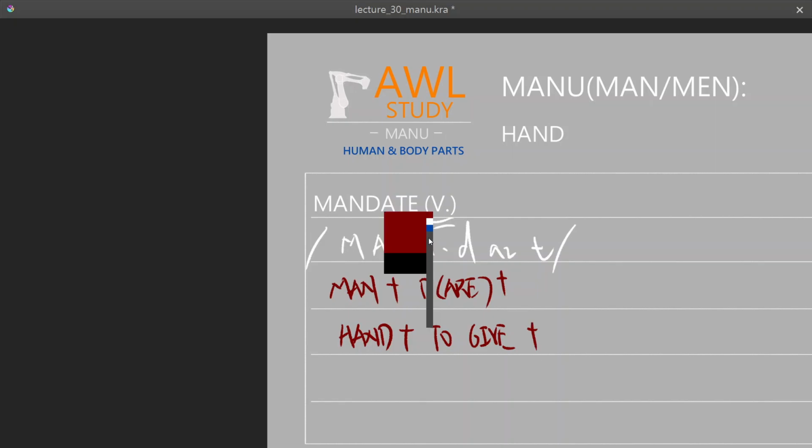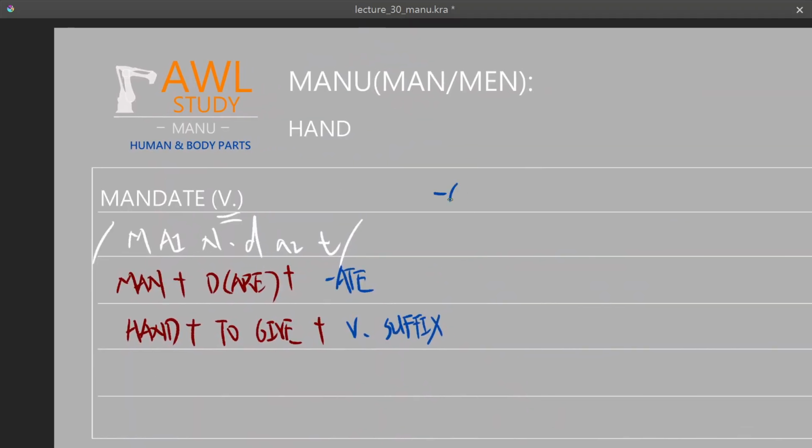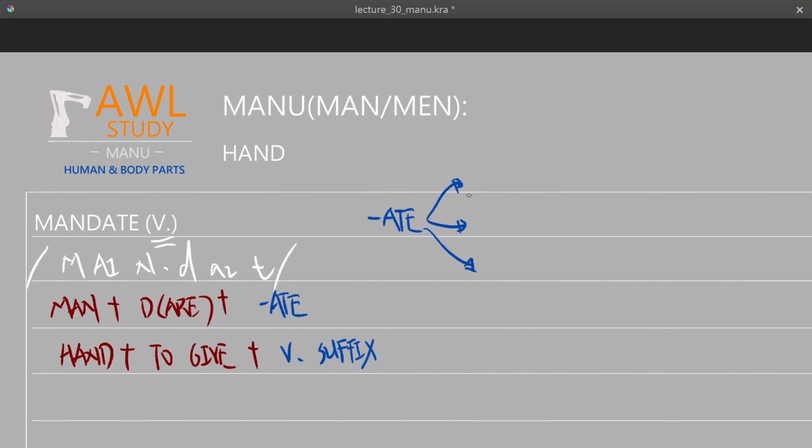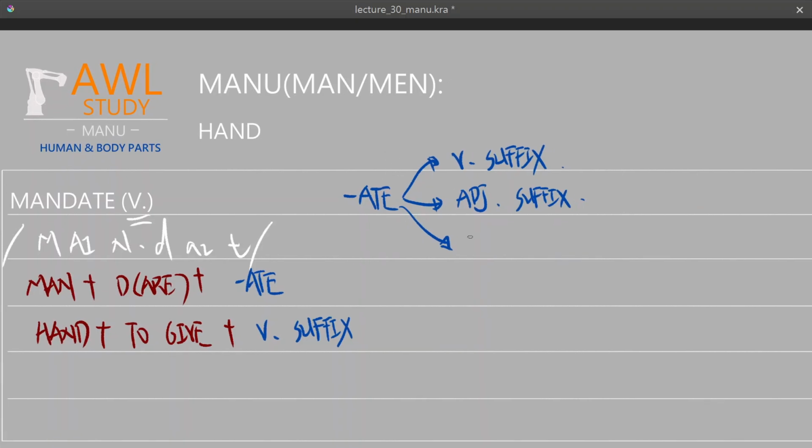And we have ate, a verb suffix. The suffix ate has multiple possibilities. It could be used as a verb suffix, it could also be used as an adjective suffix, or as a noun suffix.